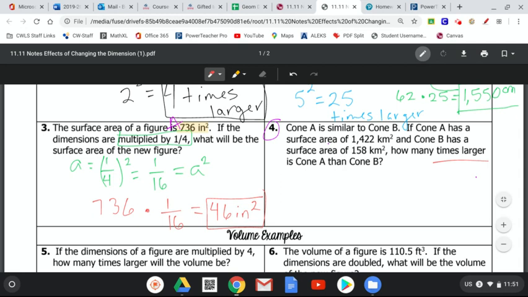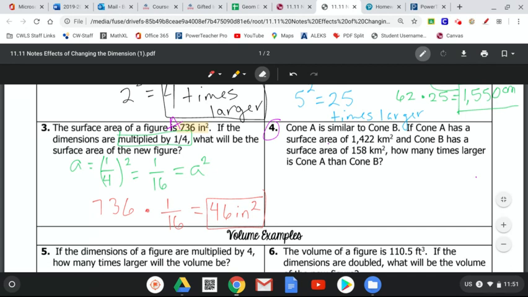So question number 4 is a little bit more involved, I guess, but they always get challenging as we go along. So basically for this one, we have cone A is similar to cone B. Cone A has a surface area of 1,422 and cone B has a surface area of 158. How many times larger is cone A than cone B?